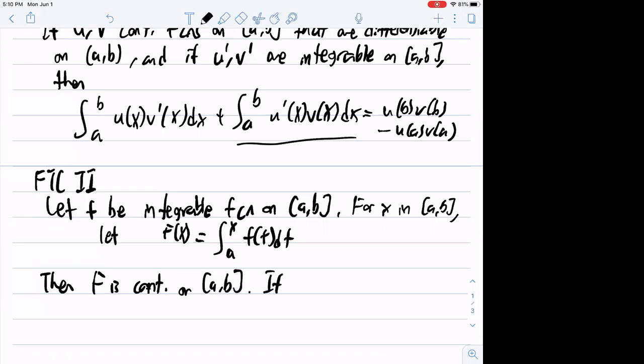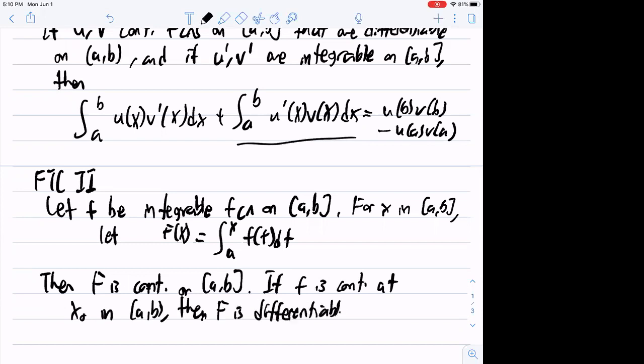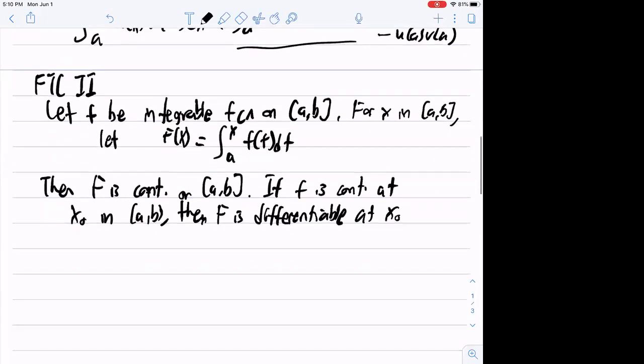And if f is continuous at x naught in [a,b], then F is differentiable at x naught, and you could pretty much guess what it is. Again, the derivative of the antiderivative should cancel out. So F prime of x naught is d/dx of this thing, evaluated at x naught.